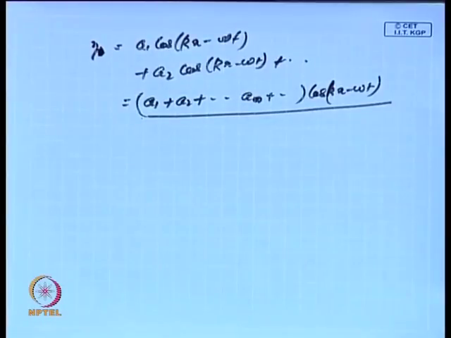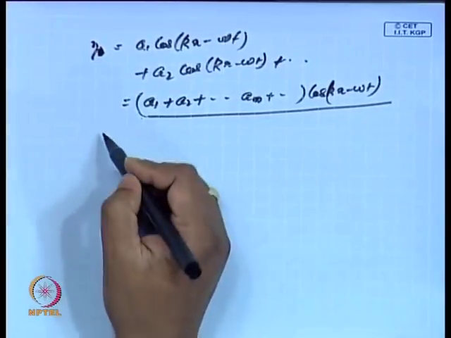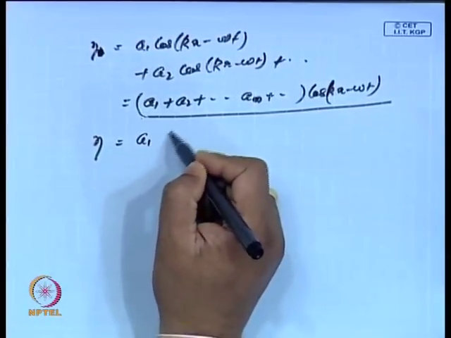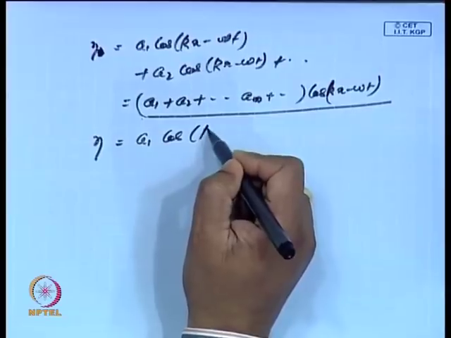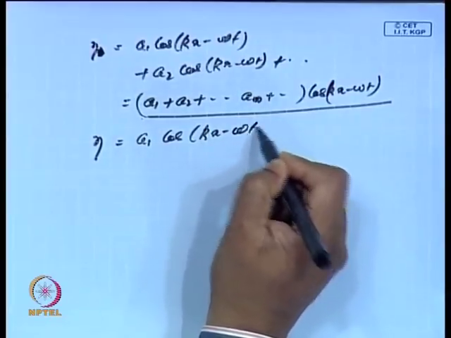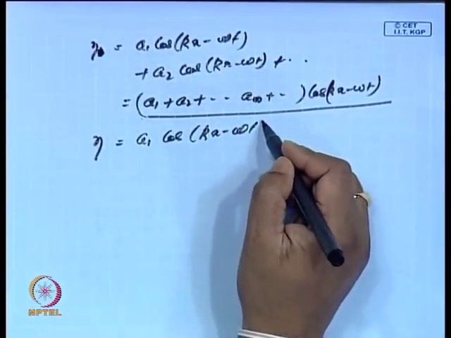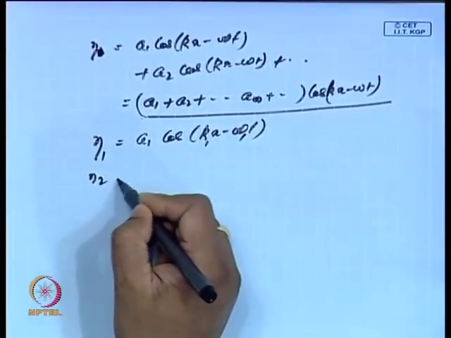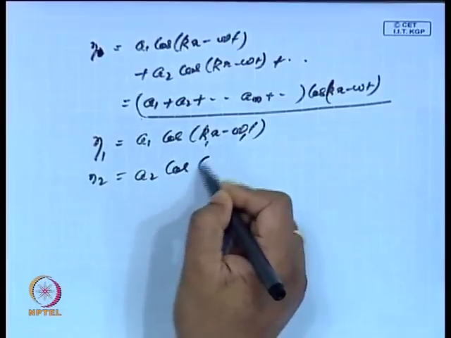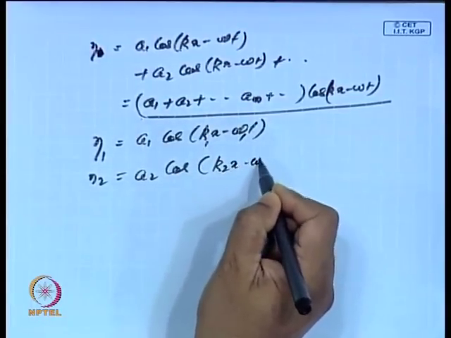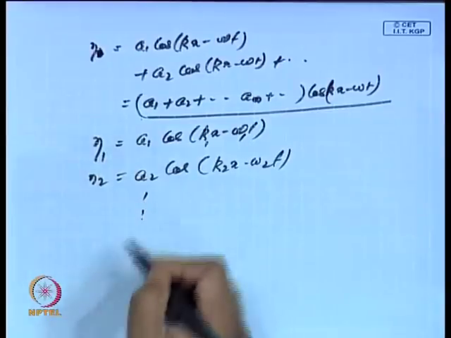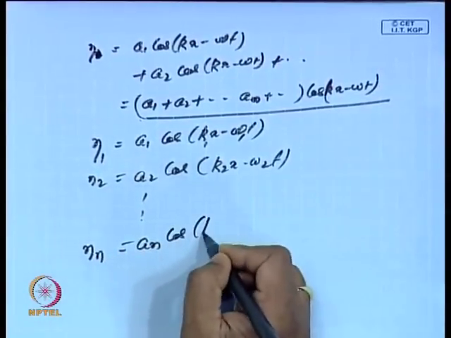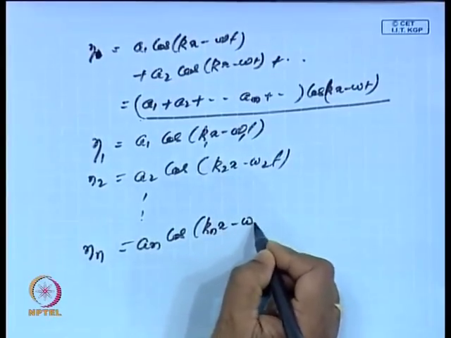But what happens on the ocean surface? We always see the ocean surface is a combination of waves of different nature. So it may be eta 1 equal to A1 cos(k1 x minus omega 1 t), then eta 2 equal to A2 cos(k2 x minus omega 2 t), and similarly eta n equal to An cos(kn x minus omega n t).